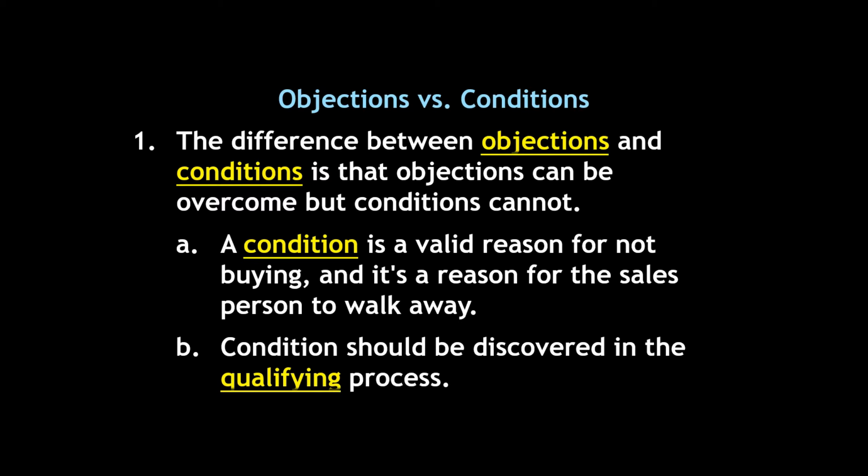So, for example, if a client does not have the budget to do an advertising campaign, the money is simply not there. Or if there's some sort of content issue where the logistics of putting together an ad simply would not work, that would be a condition.